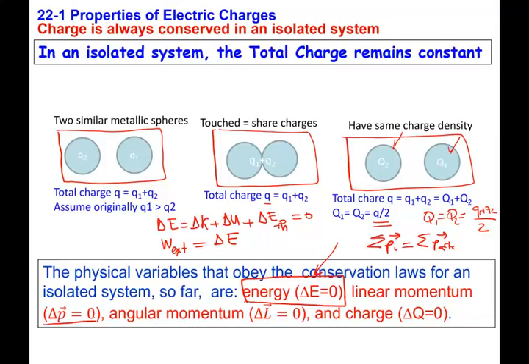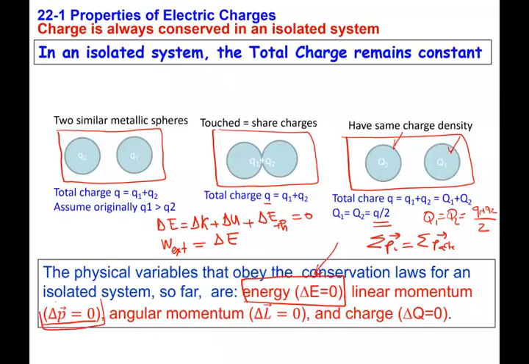Remember, P is a vector, so you can have momenta in the X, Y, and Z directions. Later, when you studied rotational motion, you learned that angular momentum is also conserved for an isolated system. If you have a person holding a dumbbell and rotating, and he brings the dumbbells closer to him, he will rotate at a faster speed. We said that was due to the conservation of angular momentum.